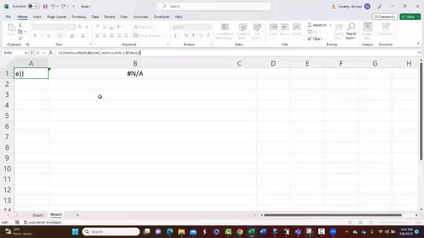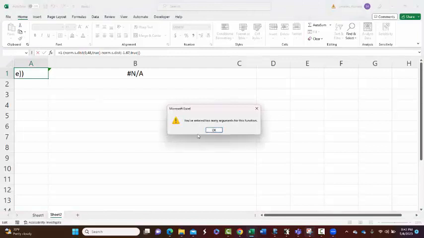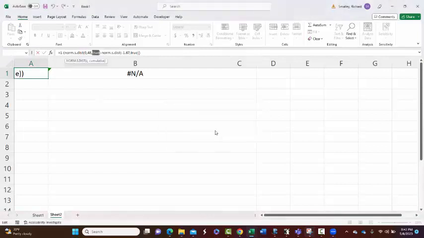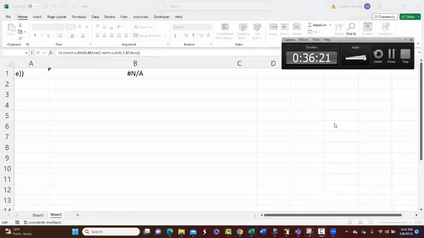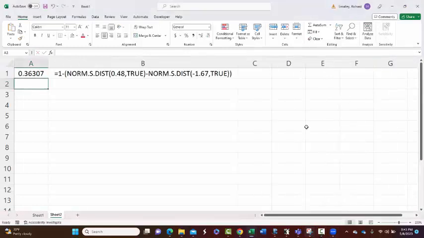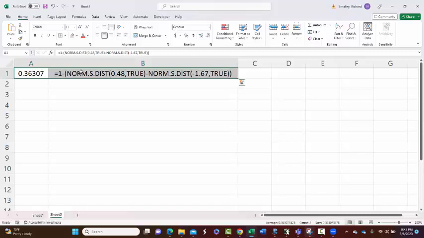Close another parentheses. Okay, I had a comma in there instead of a period on one of the numbers, so that's why I had an error, but now we're good. Copy that over to the notes.